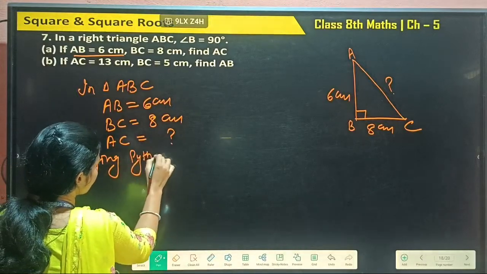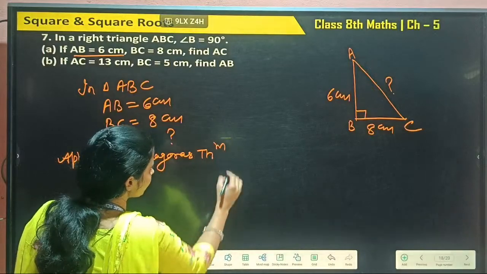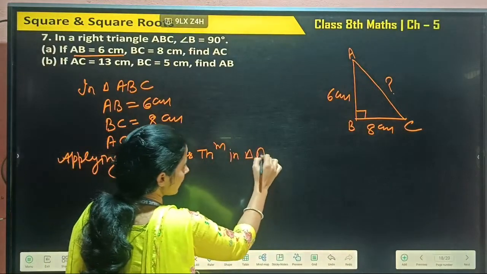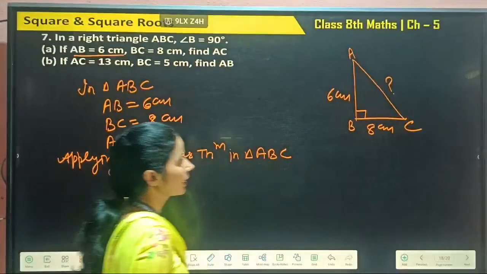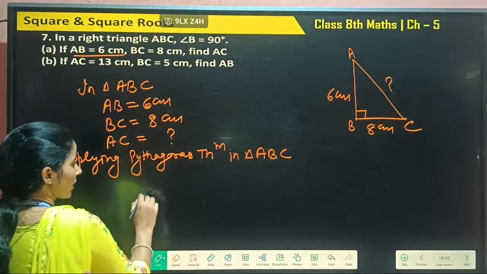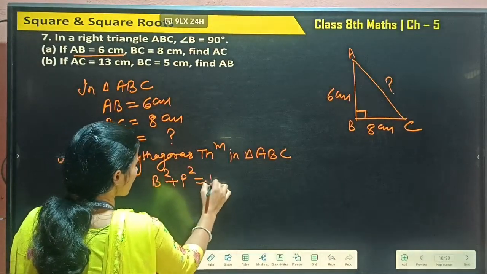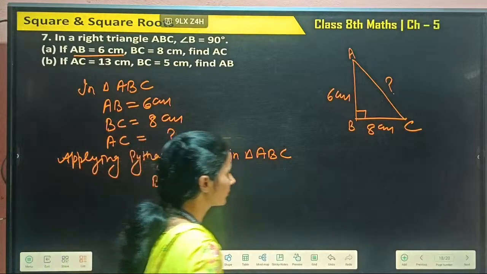Applying Pythagoras theorem in triangle ABC. What is that? Base square plus perpendicular square is equal to hypotenuse square.